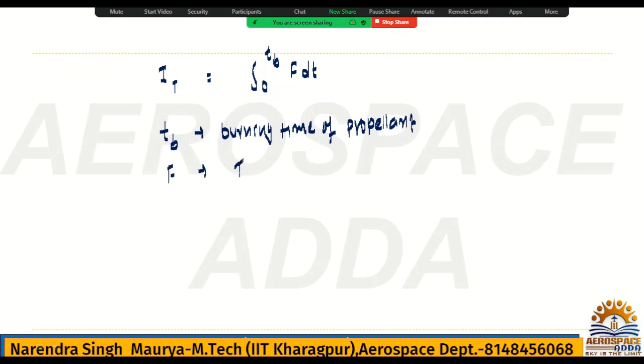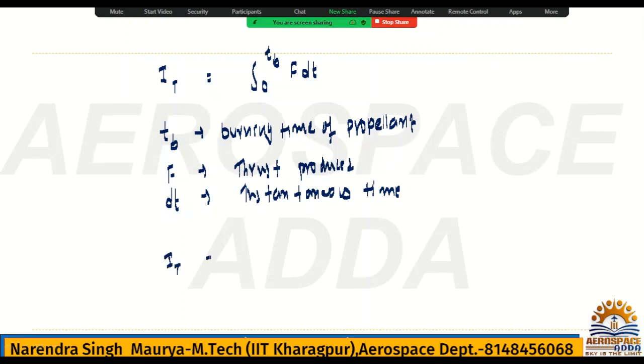So F is nothing but thrust produced. Okay. And dt is nothing but obviously instantaneous time. So this formula will be I T equal to the integral from 0 to TB of F into dt.